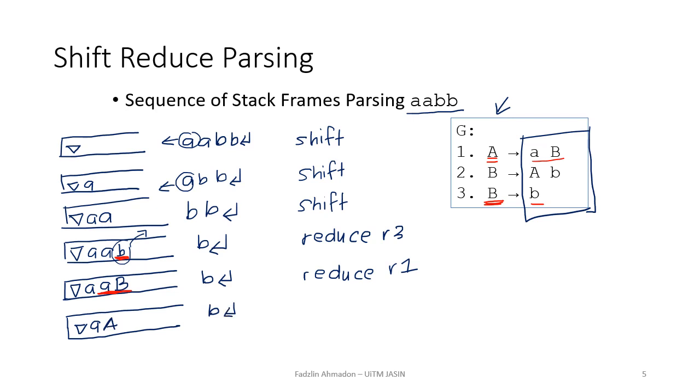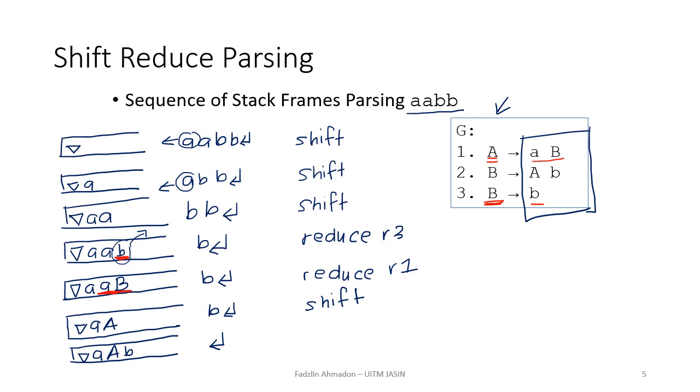Next, we scan again our stack if we have anything to be reduced. Since we do not have anything to be reduced, we do another shift operation. So we get bottom marker A, B, and our input now is N marker.